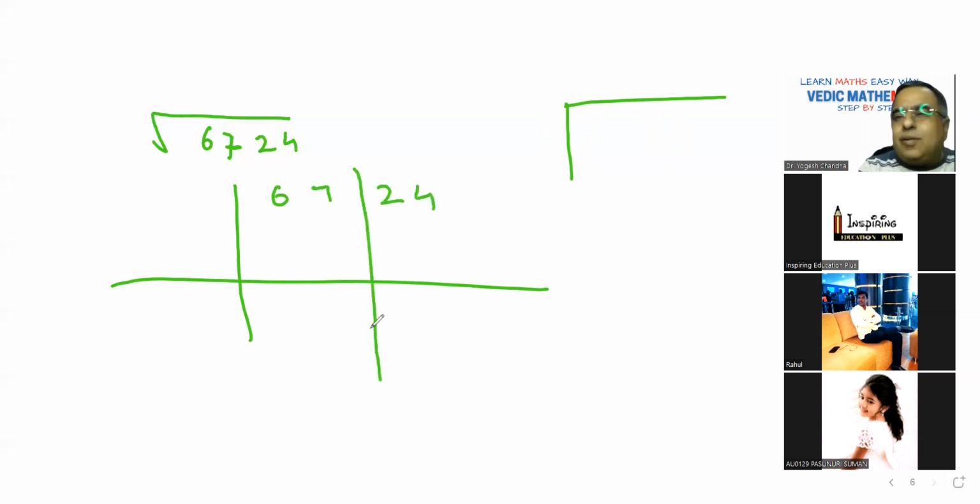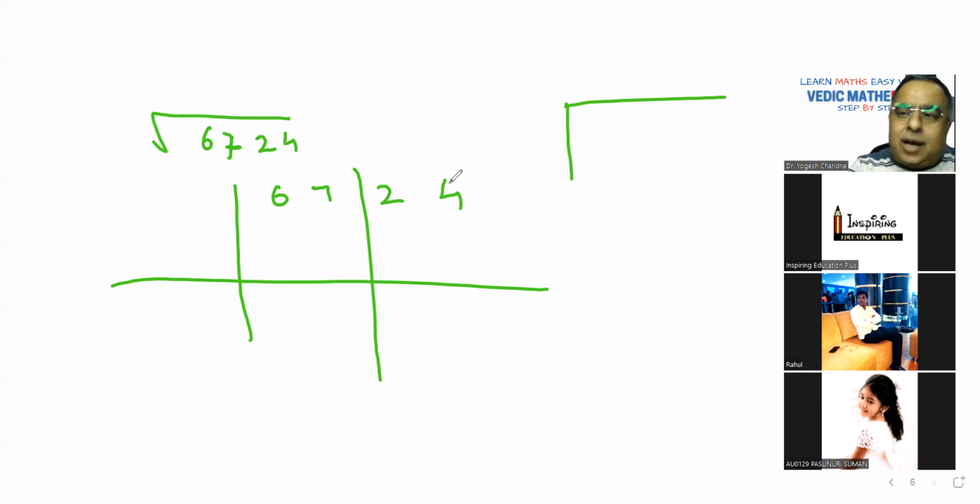We put the first pair in, and after the first pair we make a line. Even if there are many numbers here, we put the line after the first pair only. Let me keep some distance.